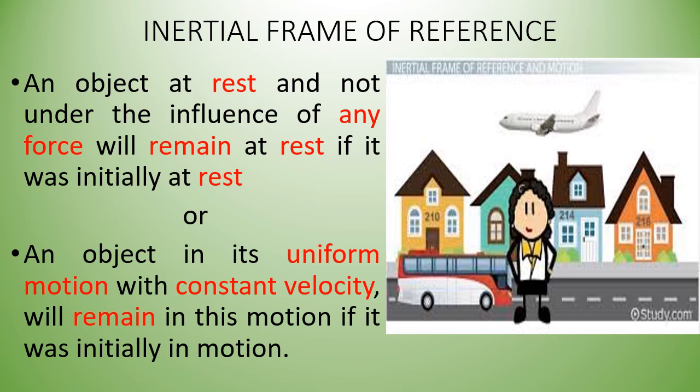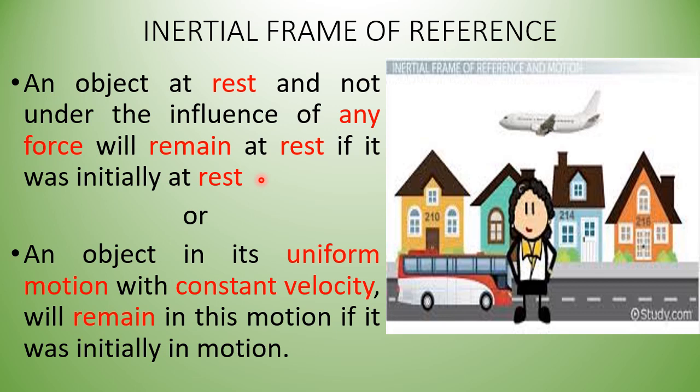You can see an aeroplane flying, and these are the things that illustrate this inertial frame of reference. It could be this first one or this second one, and we are going to say that if an object is at rest and not under any influence of any force, that object will continue to remain at rest if it was initially at rest.